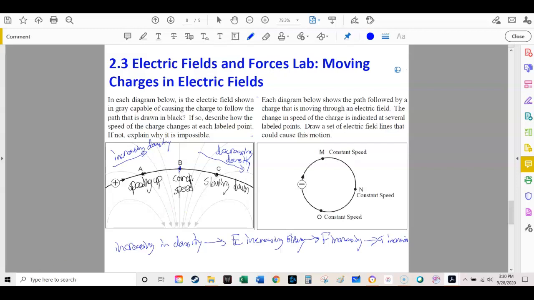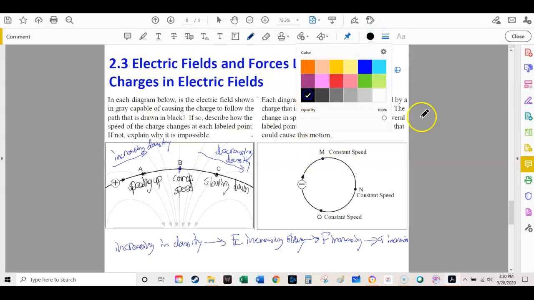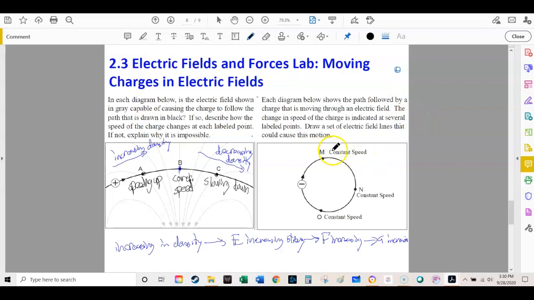All right, let's try the right side. So over here you have the descriptions of what's going on, but you're supposed to then write the electric field, okay? So if this thing is turning at a constant speed, let me think about this for a second. If this is turning at a constant speed, that means its velocity vector needs to be the same.